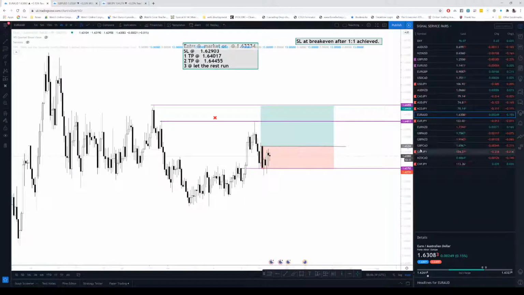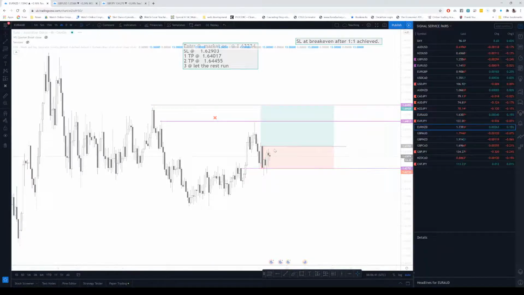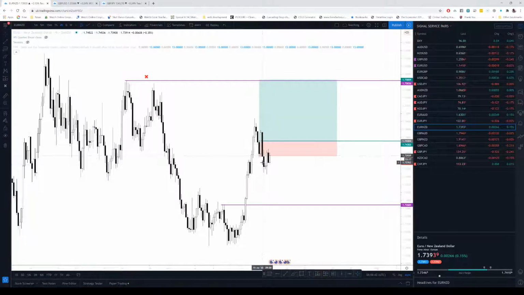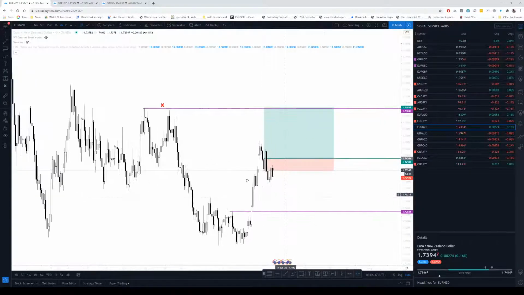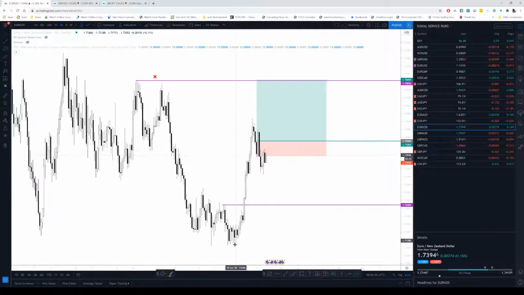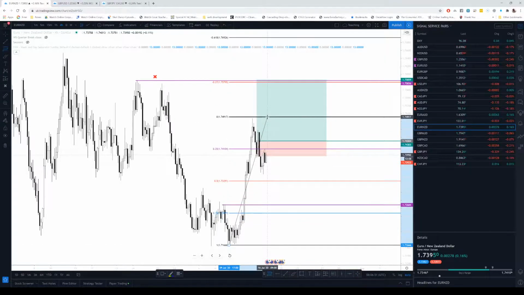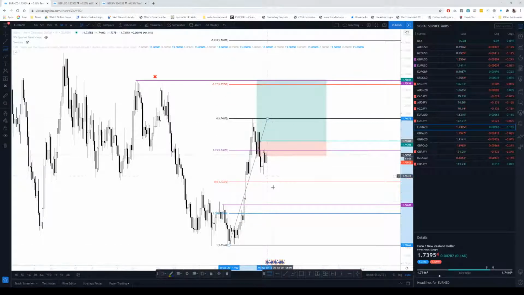Okay, so on Euro New Zealand, again, if you want to buy it, I personally think we are sitting at equilibrium between this low and that high. We've not even retraced 50%, so I would personally say wait.